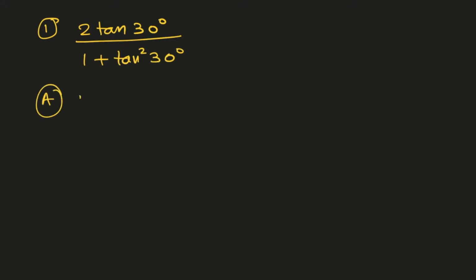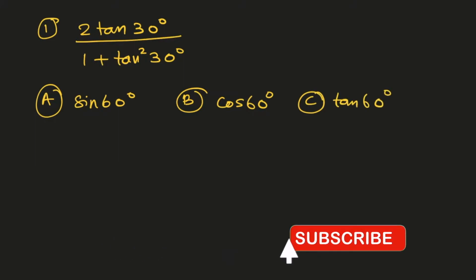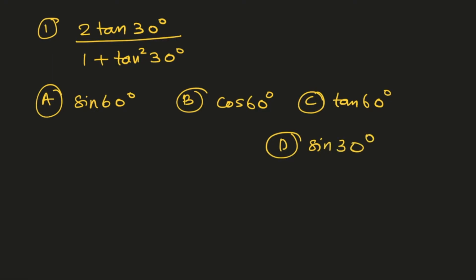The options are sine 60 degrees, cos 60 degrees, tan 60 degrees, and sine 30 degrees. So you can just pause this video for a few minutes, try this question on your own, and then come back to this video.